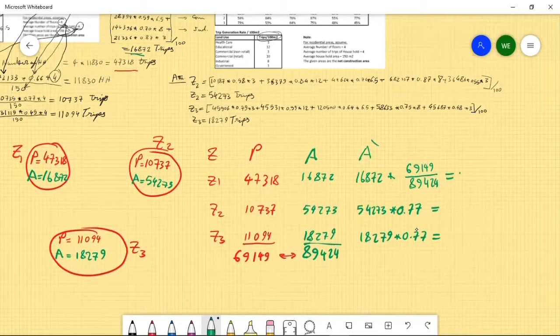So here it's 12,000. The first value is 12,000. And the other value? 41,000. So this one is 41,790, and these are trips.